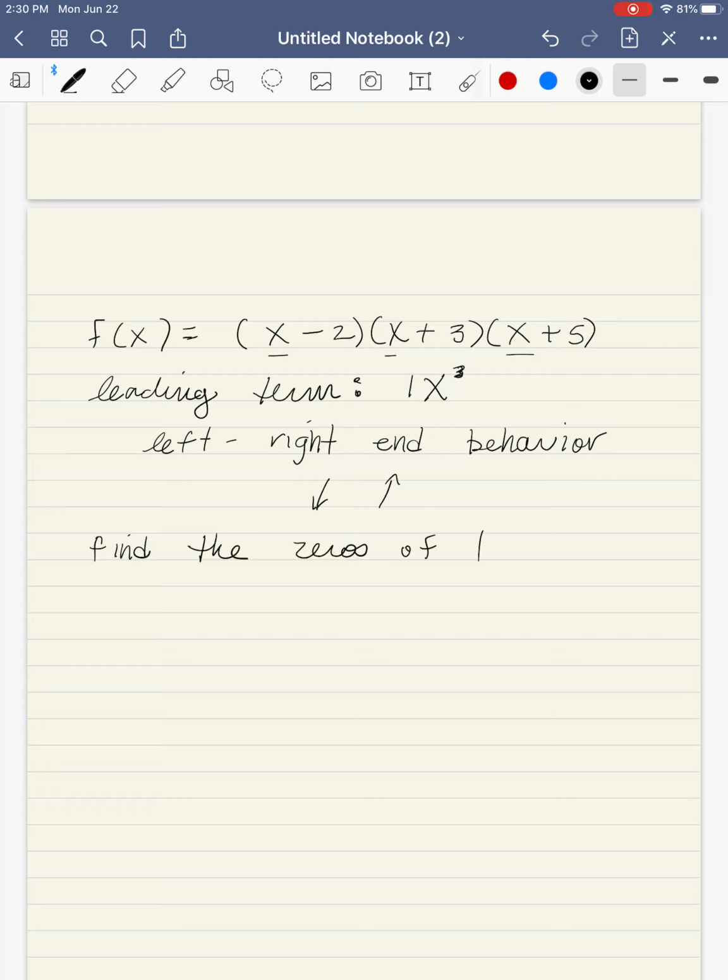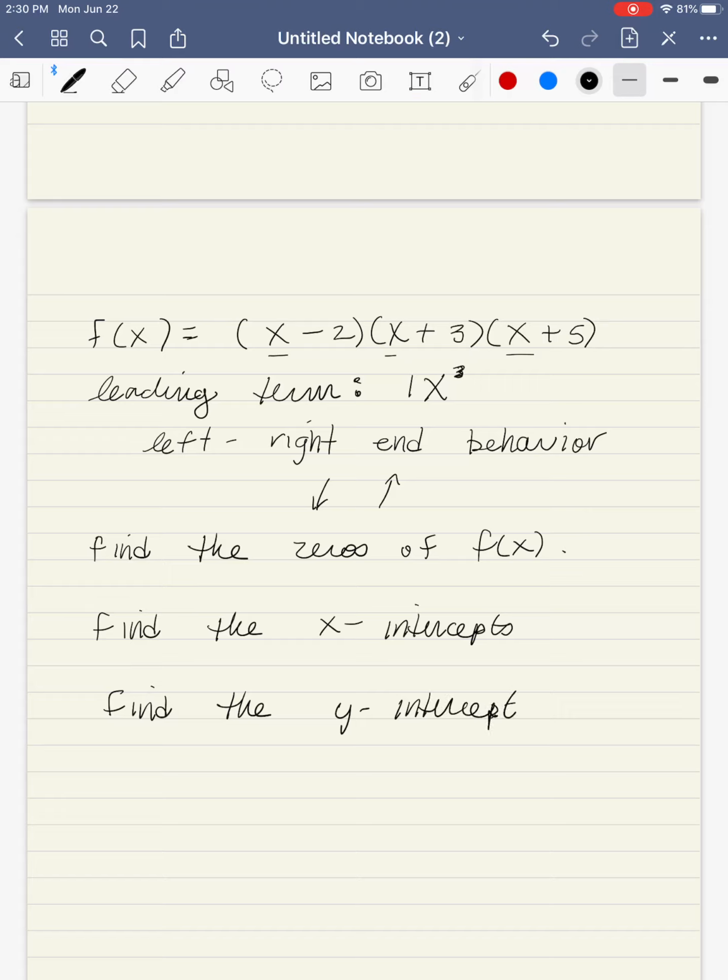The next thing I want you to do is go ahead and find the zeros of this polynomial and find the x-intercepts and find the y-intercept.